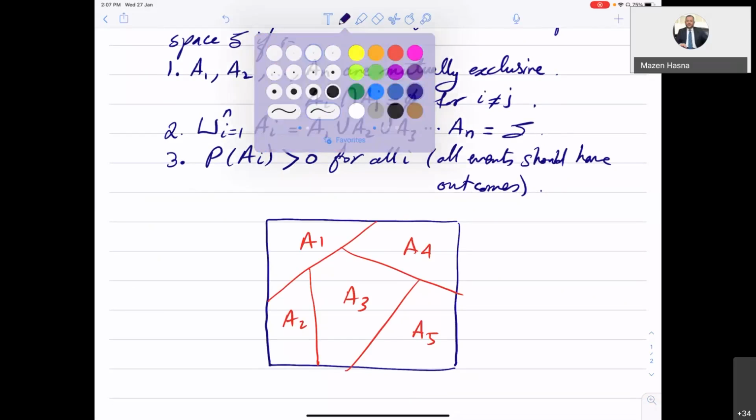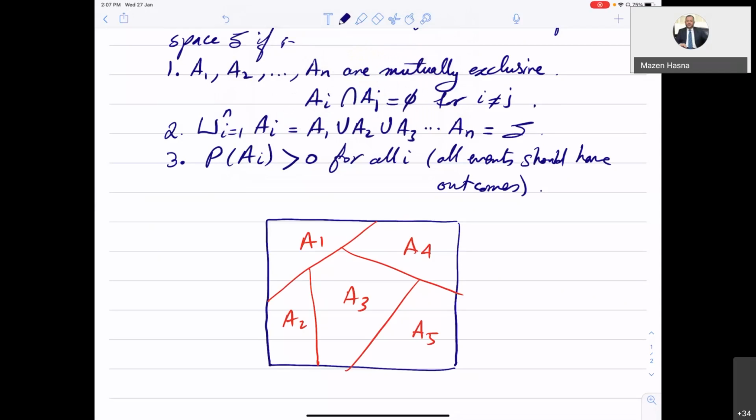I will call those events partitions of the sample space if and only if they are mutually exclusive. As you can see, I do not have any intersection between events here. They are all side by side. So the first one is correct. Second one, when I add all of them, as you can see, they all form S. So it's like this, you split the sample space into those events.